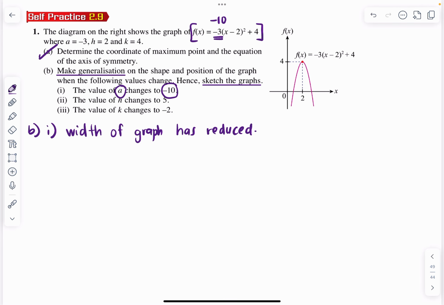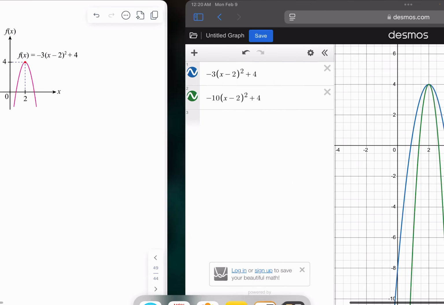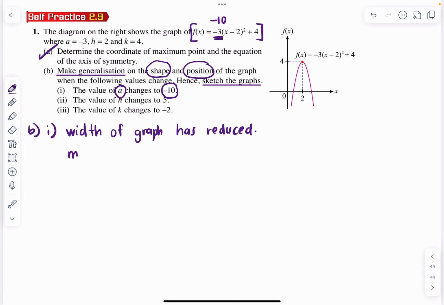And then they ask us to describe the shape and position. The position of the graph didn't really change because it still has the same max coordinate. So you can say maximum point remains same. Okay, this will be the generalization.